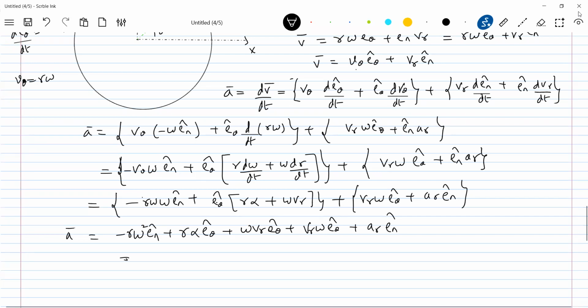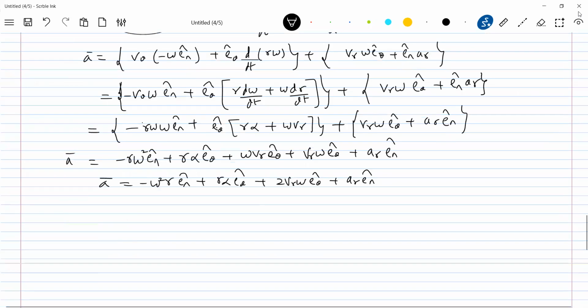I think I can simplify further. Omega square R alpha E theta cap plus 2 VR omega E theta cap, AR into En cap. Now, if R is constant, if pure circular motion, and I also say that omega is constant.